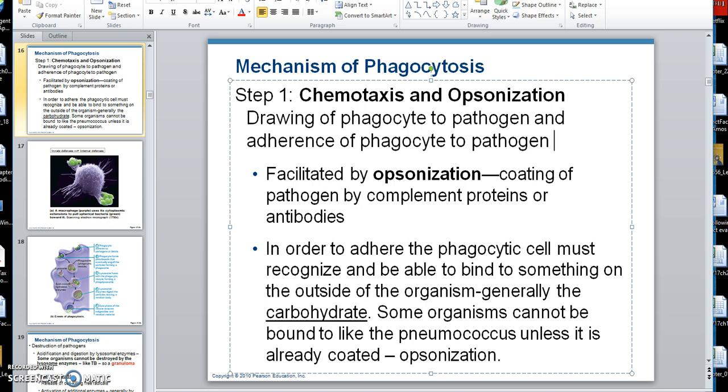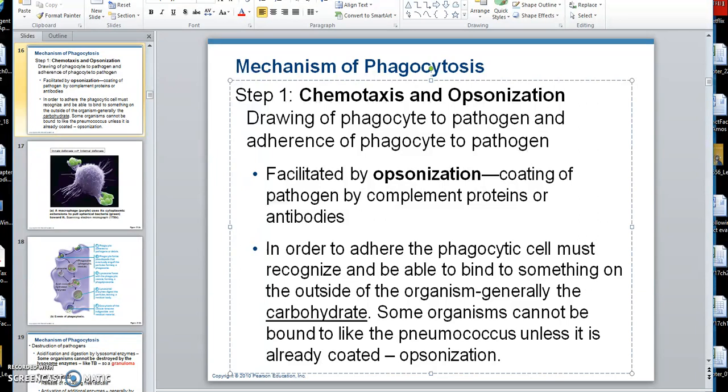Chemotaxis is a chemical attraction where the phagocytic cell is pulled towards the offending microorganism. Now, once it's pulled towards there, it has to be tasty enough for the phagocytic cell to be able to grab onto it. So chemotaxis is the pulling effect.